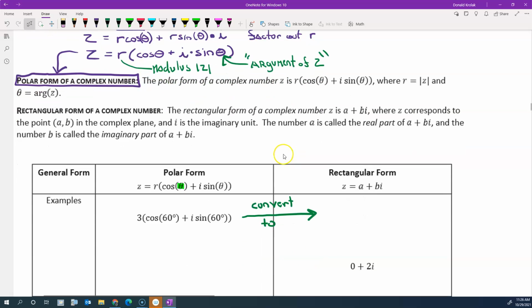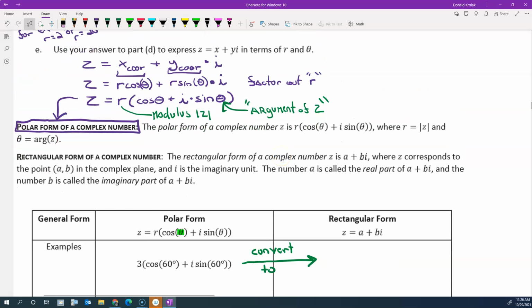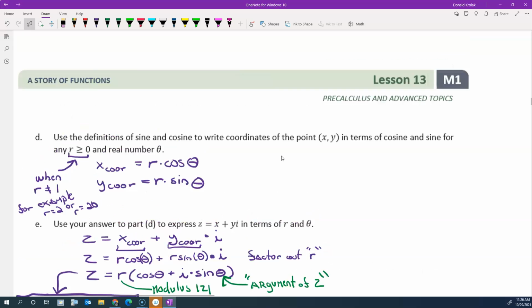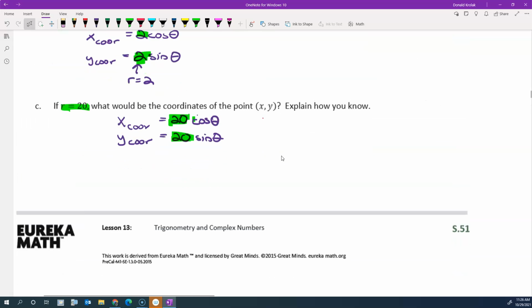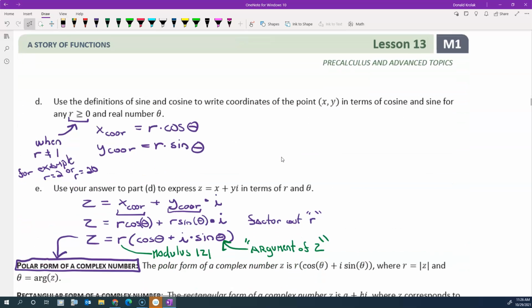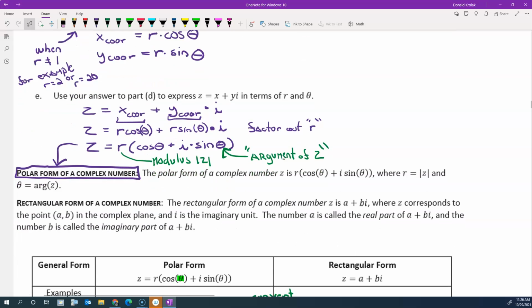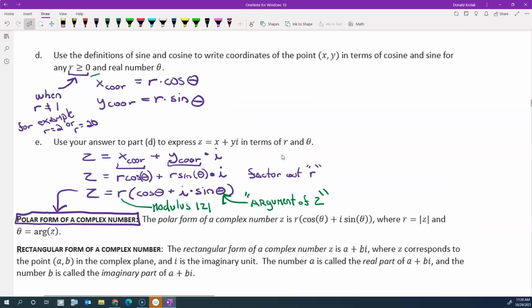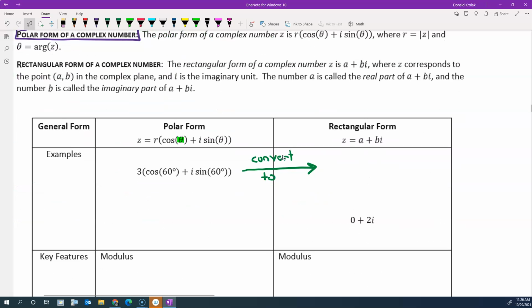All right. So to do that, a is the x coordinate. And we know that the x coordinate is equal to r cosine theta. So in this problem, a is equal to r cosine theta.